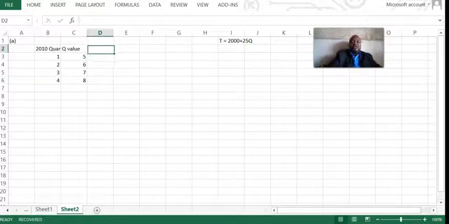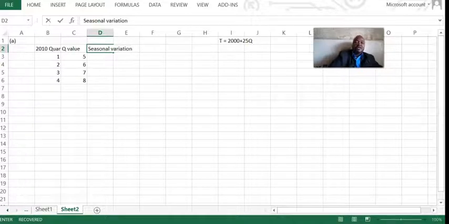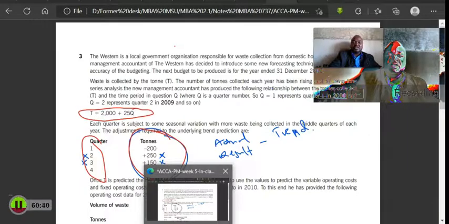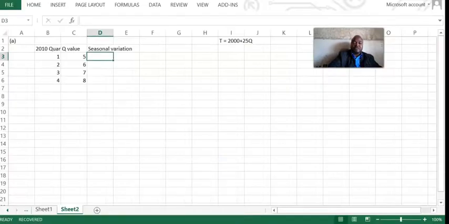So we input our seasonal variation information. This is just an issue of copying and pasting. Okay, from the information, the seasonal variations start from minus 200, plus 250 and so forth.